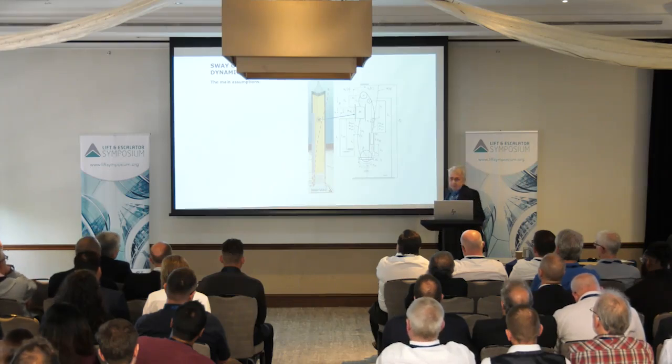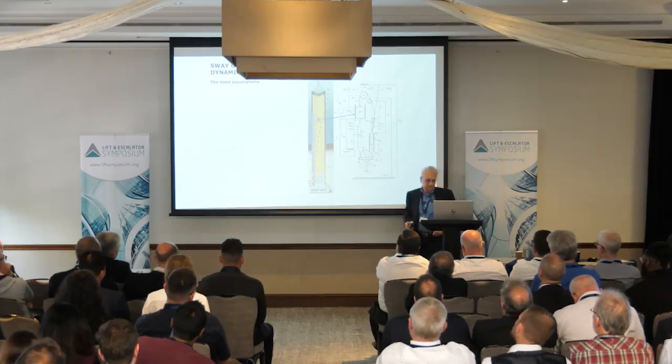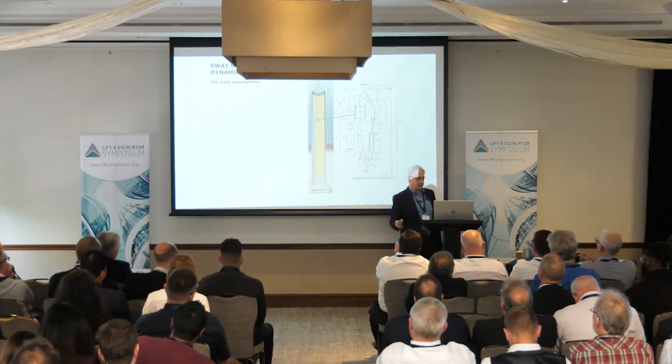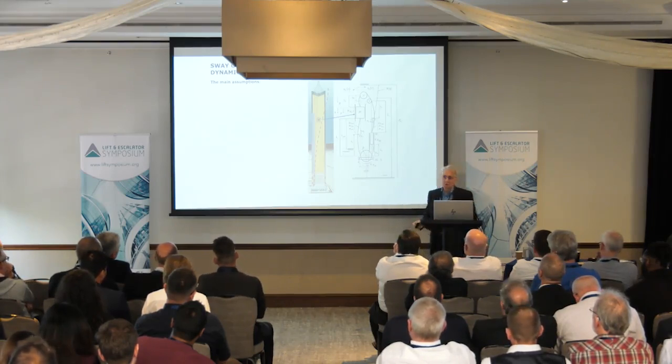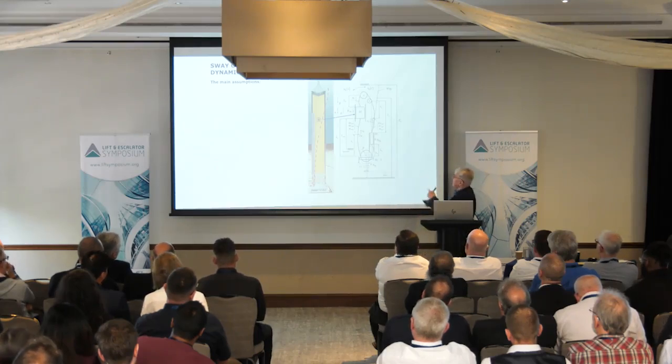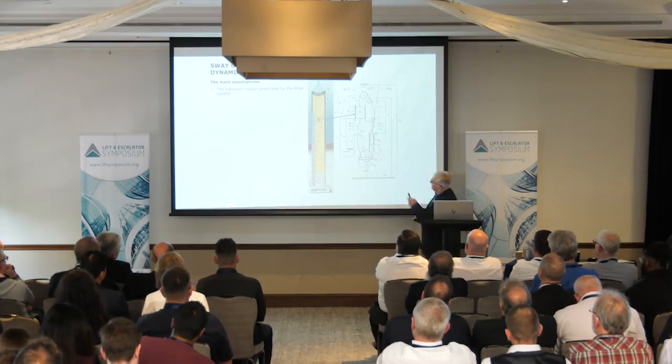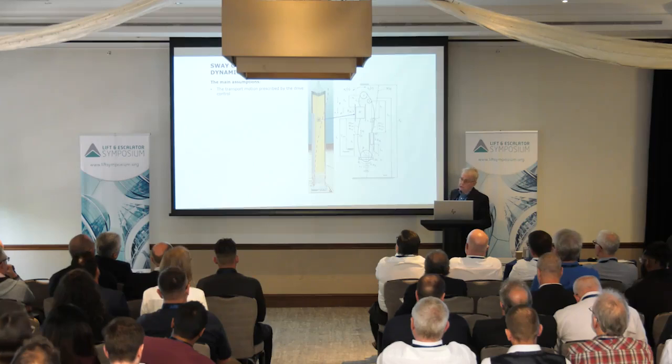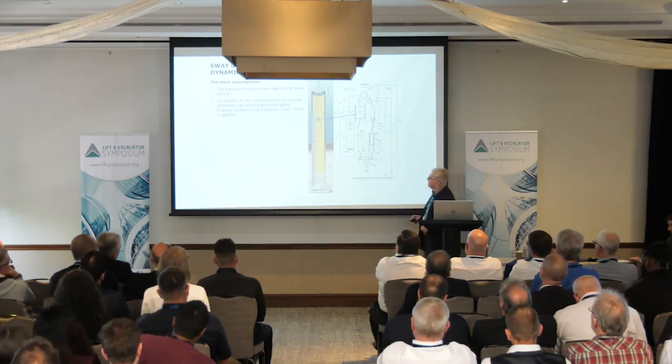Again, we need to develop some basis for the analysis, and this is based on models. The model of the lift here is sort of standard, with a car mass which is moving up and down. The transport motion is prescribed by the control system.